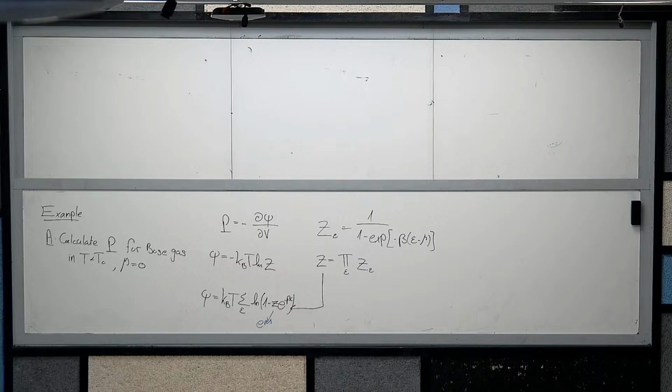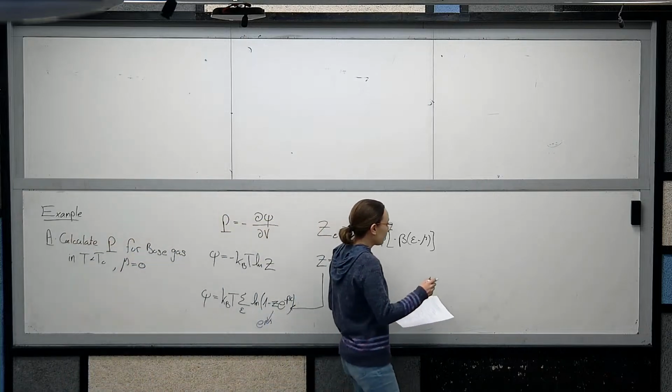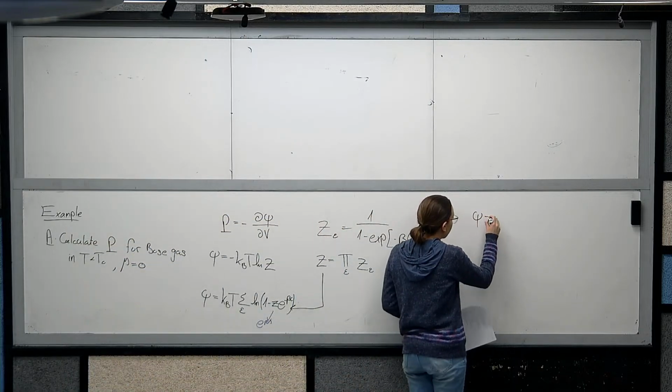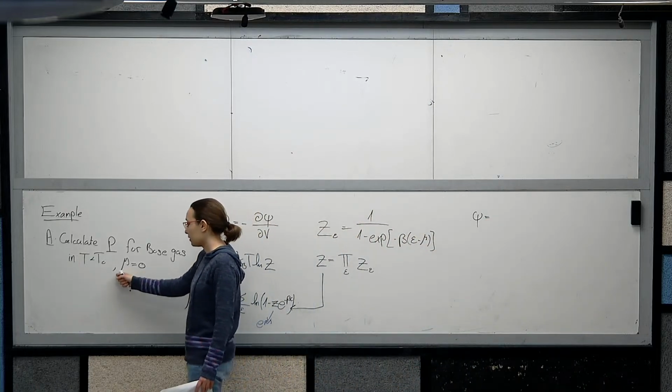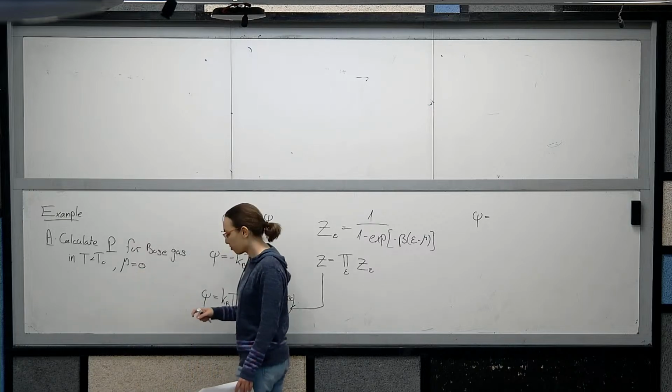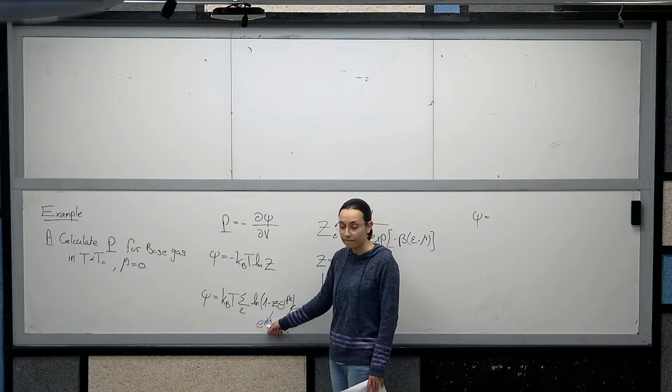Okay, so we're getting our grand canonical potential, and we are given that the chemical potential equals 0, so this value equals 1.